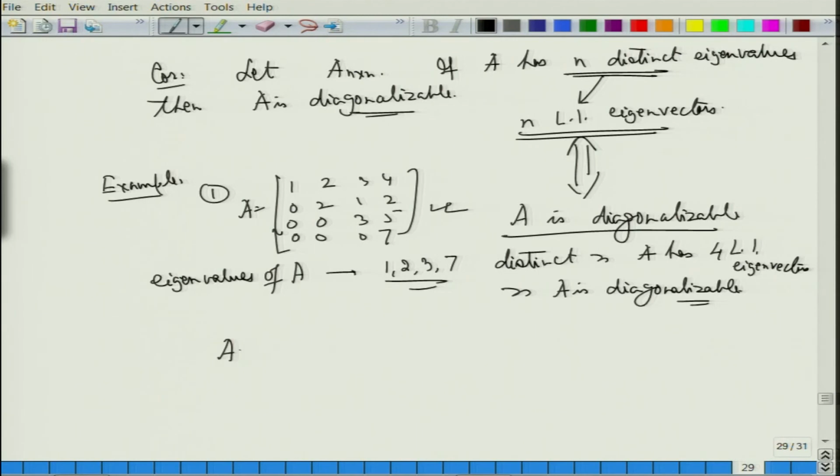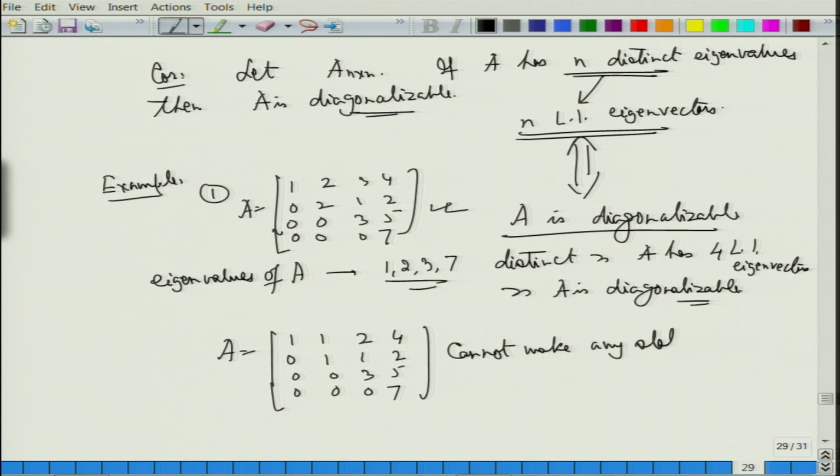All right. So, here I know it is diagonalizable, but if I look at this matrix 1 1 2 4, 0 1 1 2, 0 0 3 5, 0 0 0 7, I cannot make any statement without doing proper calculation. All right.